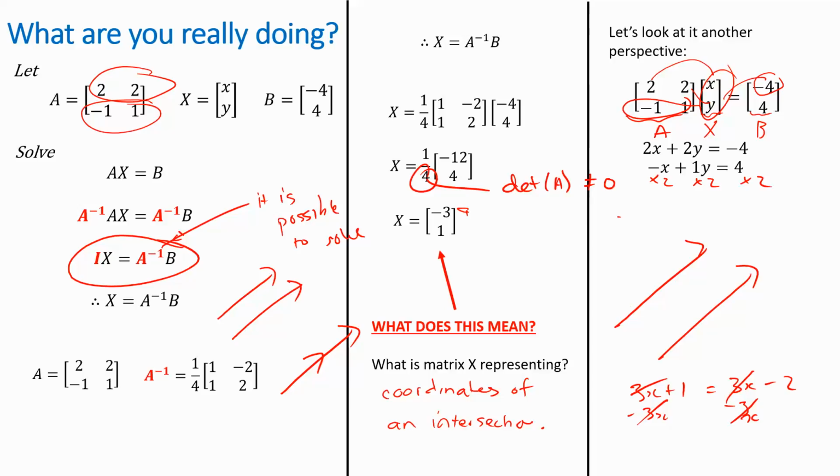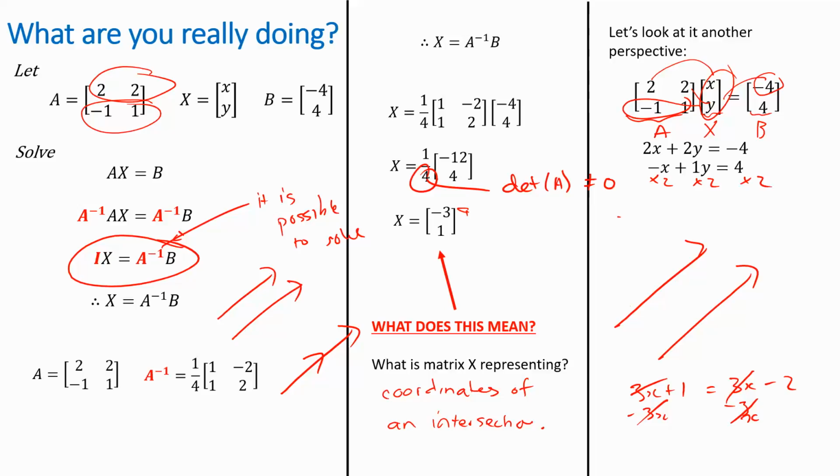I know it's quite a bit, but does that make some sense? Okay, so let's repeat after me, just so I know that it's ingrained in your head. What's the determinant of A tell you? It tells you if the inverse exists.